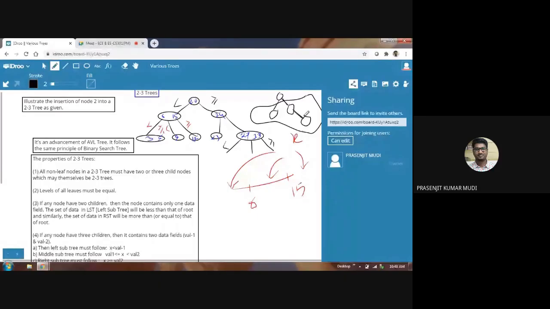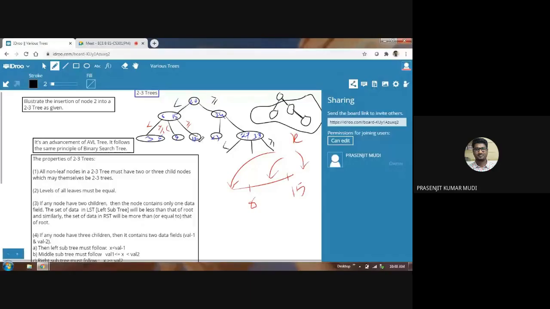So if you are going to insert more nodes in an AVL tree, the height will grow gradually. But another possibility is like this. We are accommodating three children to a node, and height is not increased. Here, with respect to this node, height is 1.